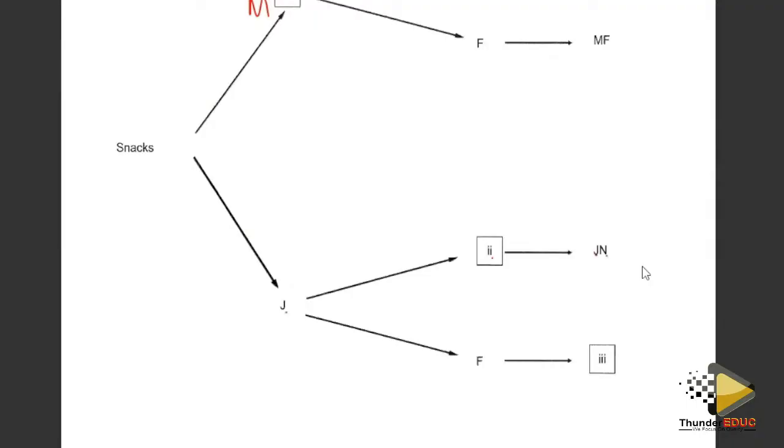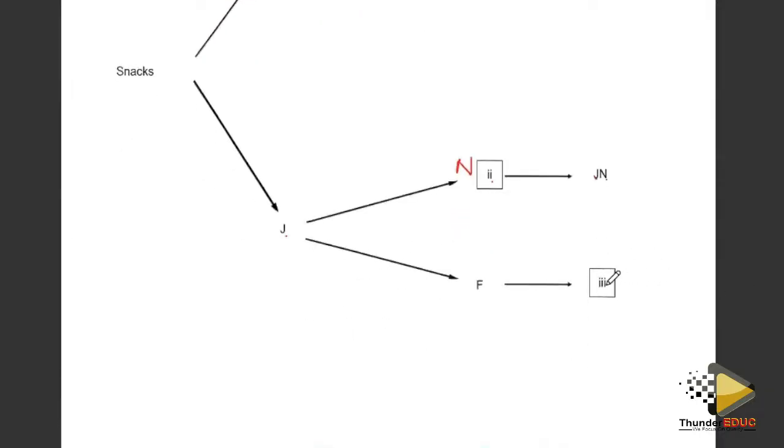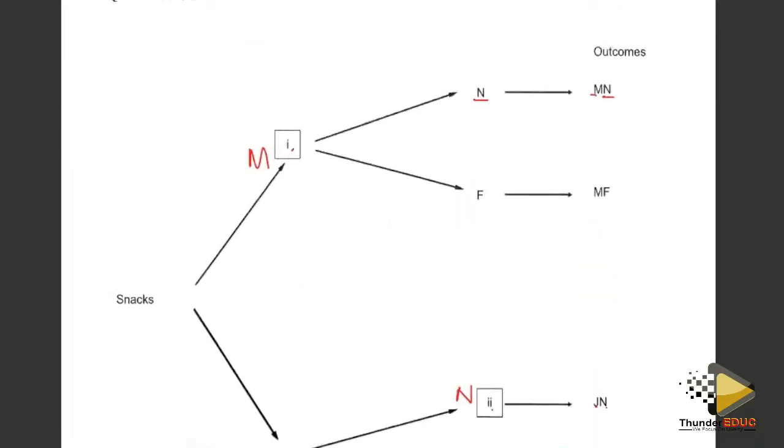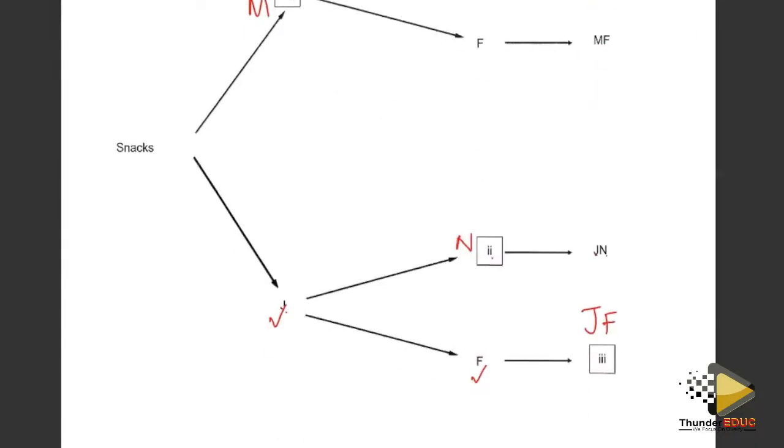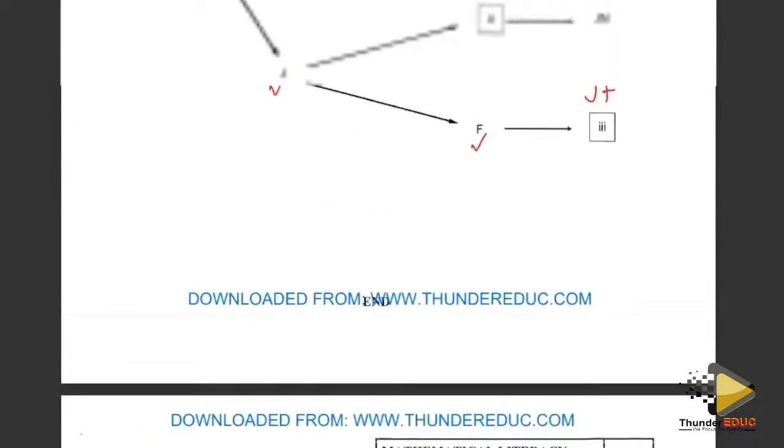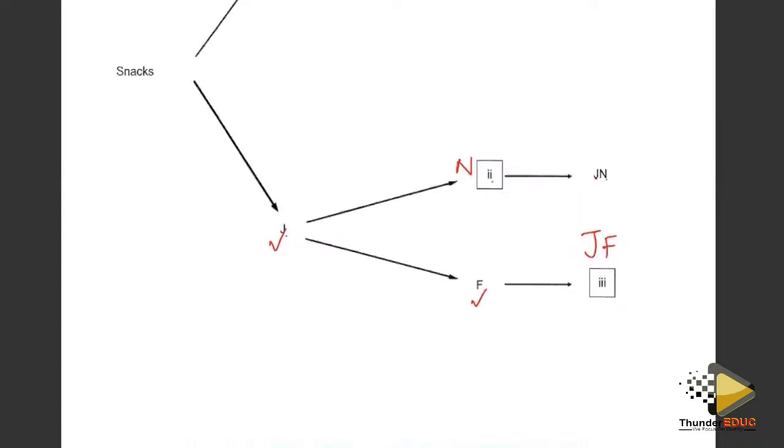We already have J. That means this is what? N. Roman numeral 3, we are going to take J and F. So this is JF. So it was MNJF.